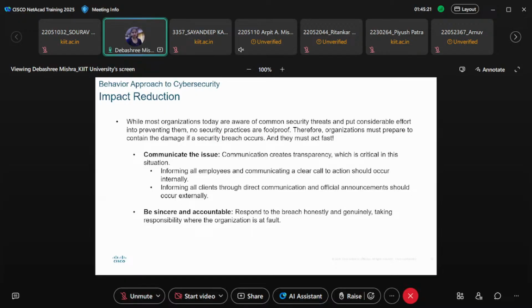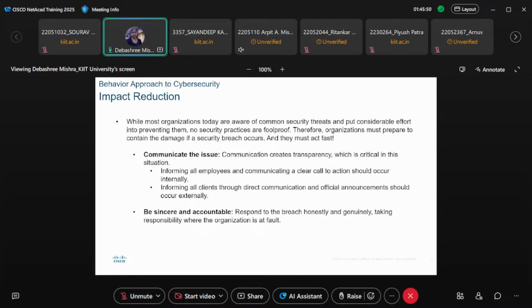It is the effort to prevent attacks, or we can say we will be taking some security practices so that an attack like this cannot be done. That is why the organization must prepare to contain the damage. Like in the few slides back, we talked about backups and recoveries. These are what we can get out of this impact by recovering the data.